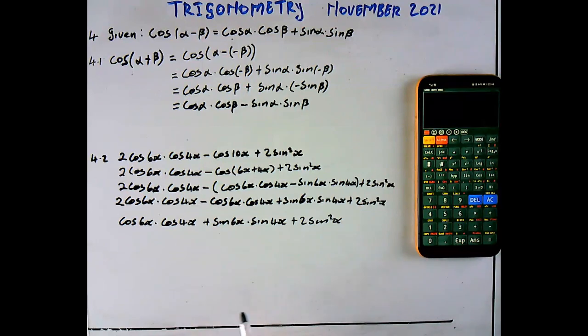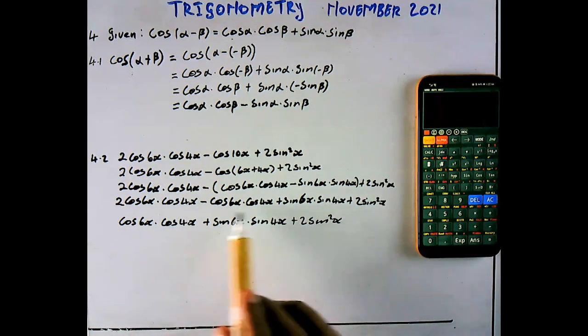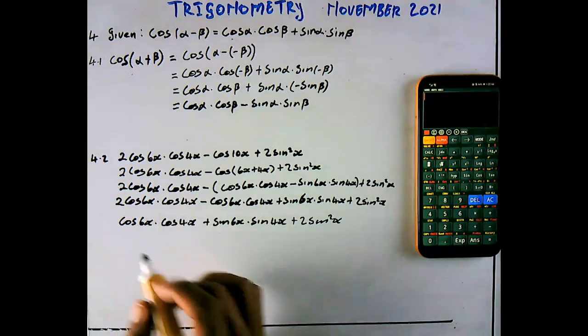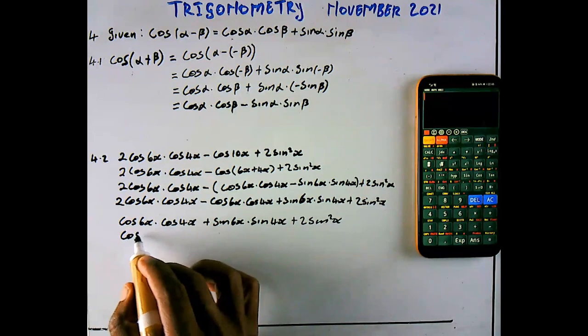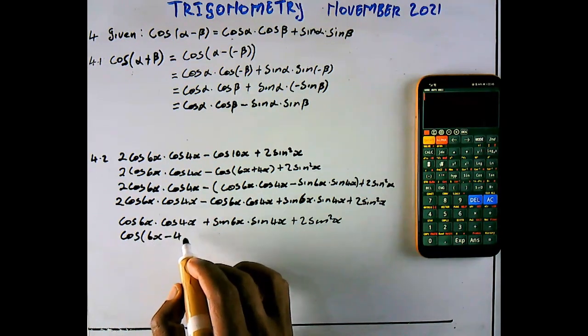If you can see, these two are the compound angle of cos. So this one is the same as cos of 6x minus 4x.